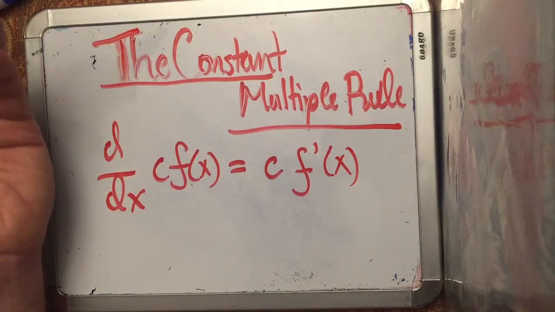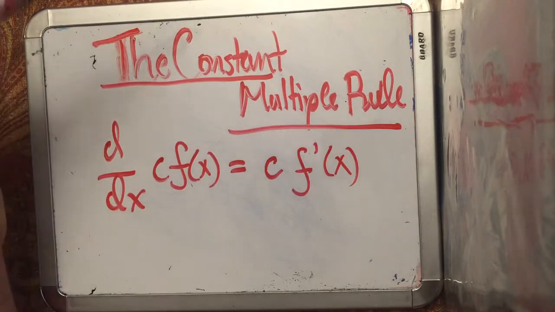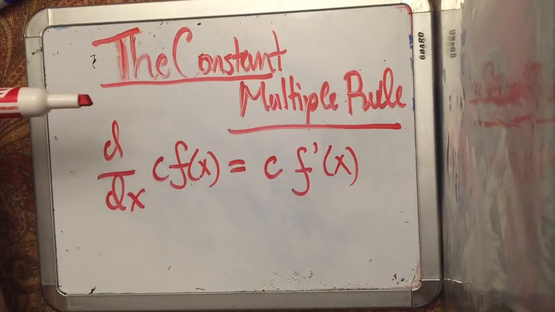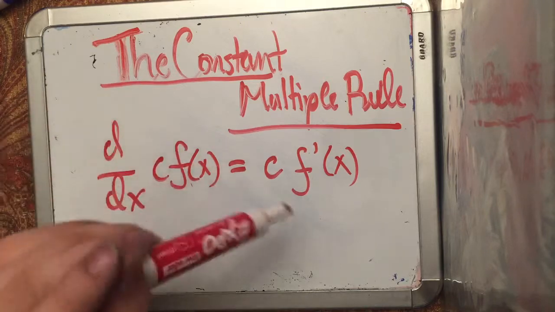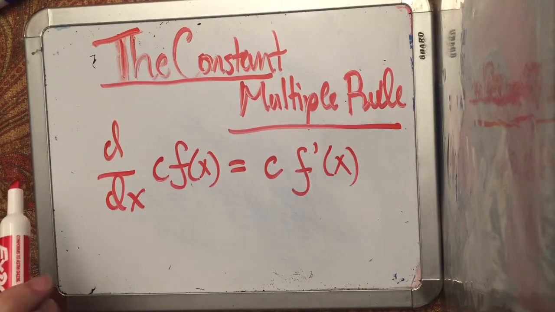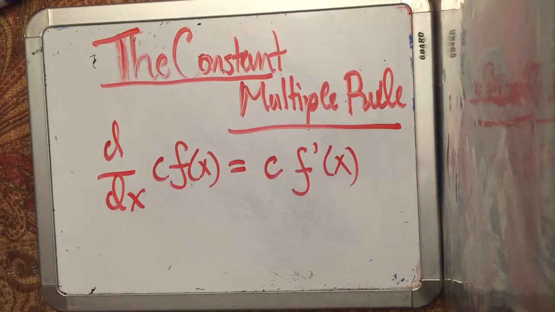So this rule states that a function with a multiple real leading coefficient, like c, has a derivative of that same coefficient multiplied by the derived function. So basically it's not derived. It's pretty independent of the derivative. And that's it for that one.